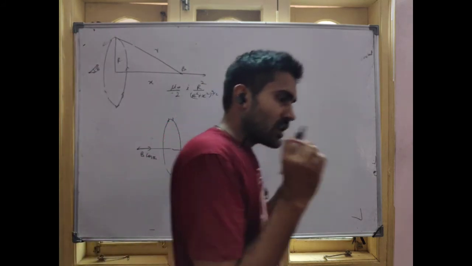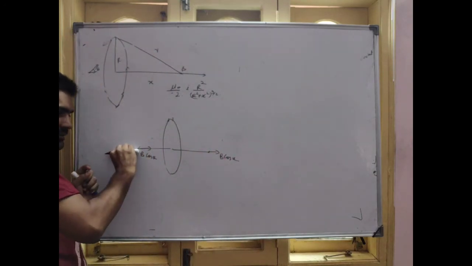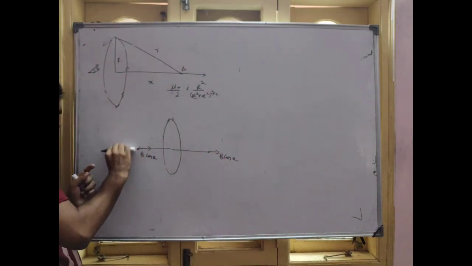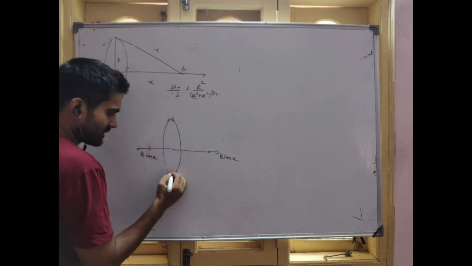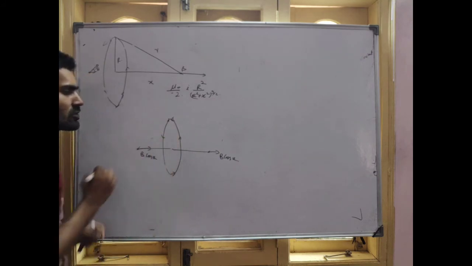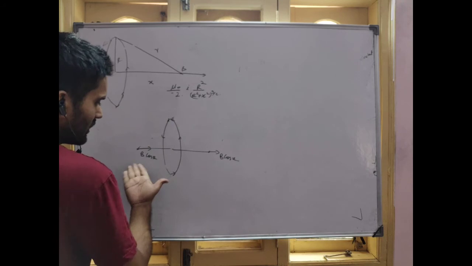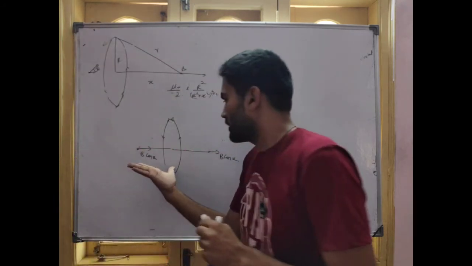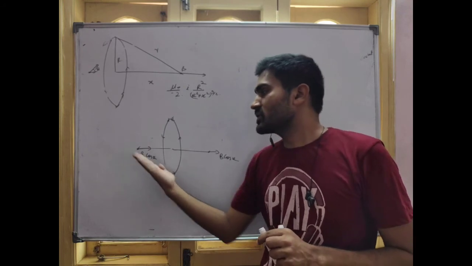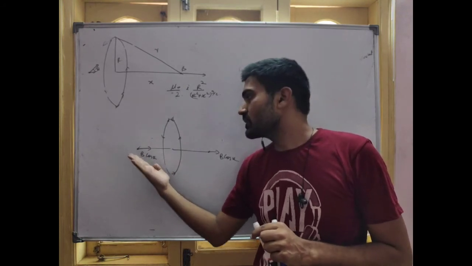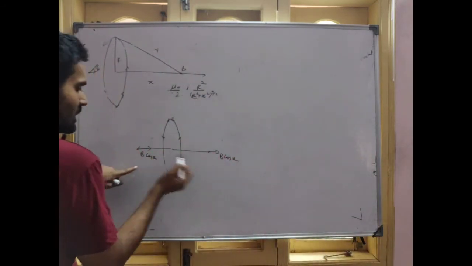So it's not that the field at this point will be in this direction. No, the field will be in the same direction only if the current is like this. Are you getting my point or not? Tell me guys. See, take your thumb in the direction of the current, project your fingers towards the point. So the field direction will be this, so obviously it will be here only.